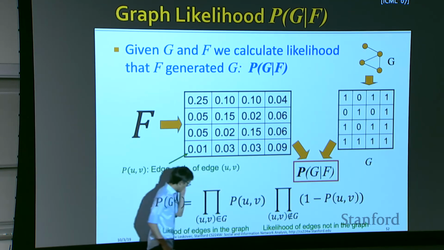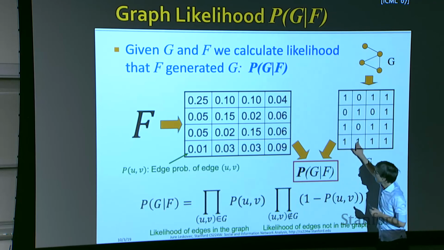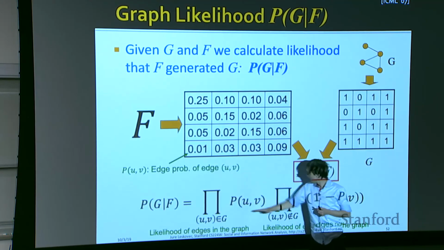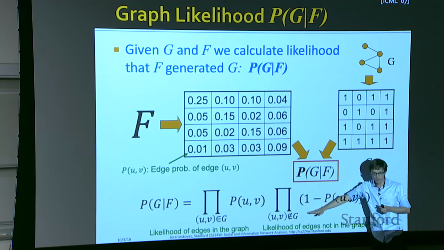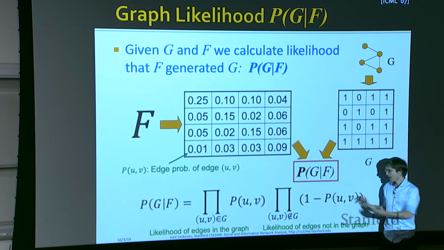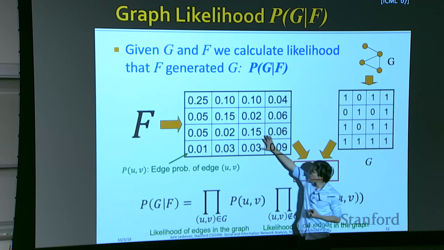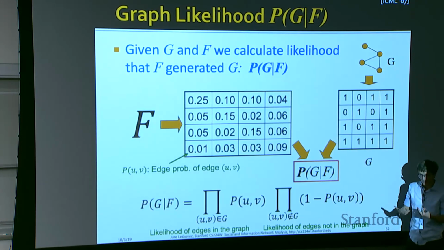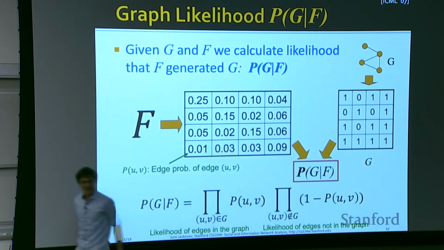So what is this doing? This is essentially going over all the cells here that have value 1 and multiplying those probabilities together. And then this part goes over all the cells here that have value 0 and multiplies 1 minus that probability. And all this is the total probability that my model has generated this graph under this assumption that each edge is generated independently.